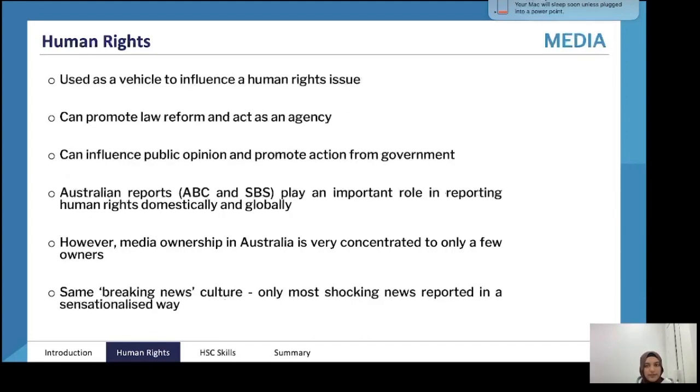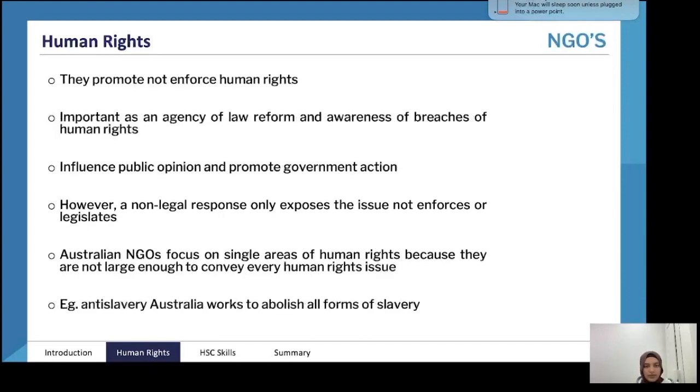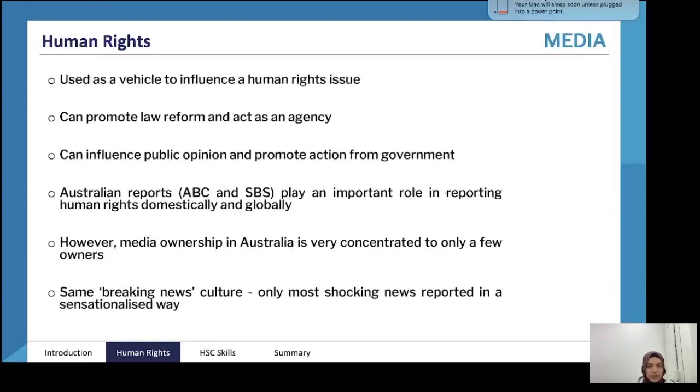Media is used as a vehicle to influence a human rights issue. So, they can promote law reform and act as an agency as well. They can influence public opinion by releasing articles that highlight certain issues in the system and promote action from government in that way.